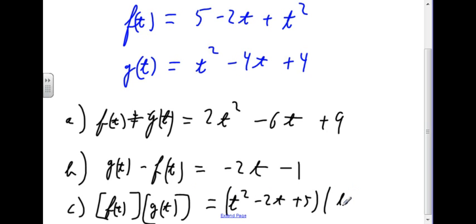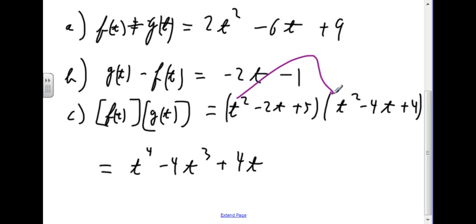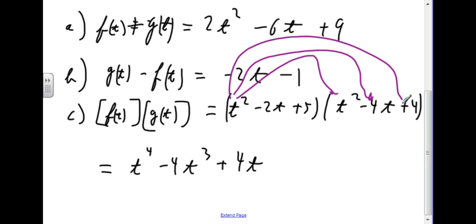And then I got t squared minus 4t plus 4. T squared times t squared, t to the 4th minus 4t cubed plus 4t. So I just multiplied that guy times him, that guy times him, that guy times him.